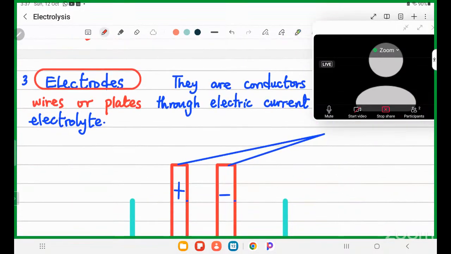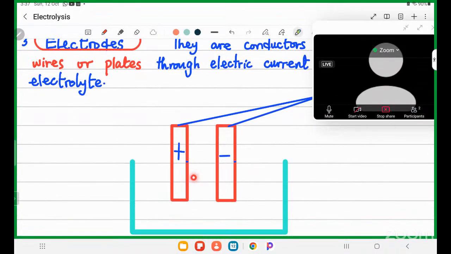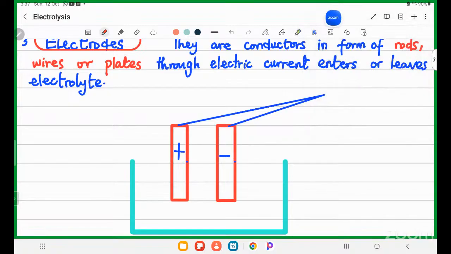These two rods you see in the picture are the electrodes.